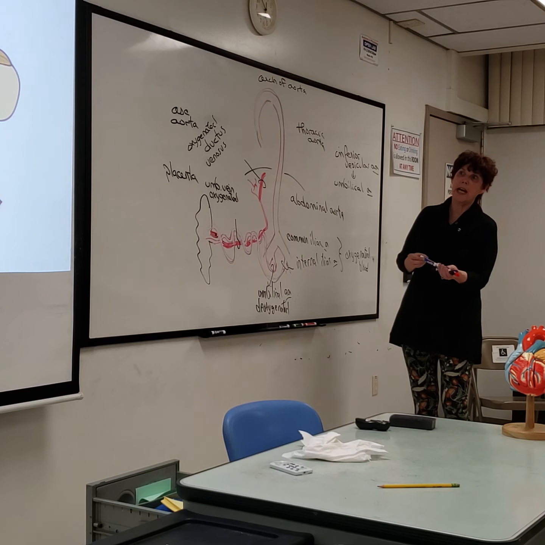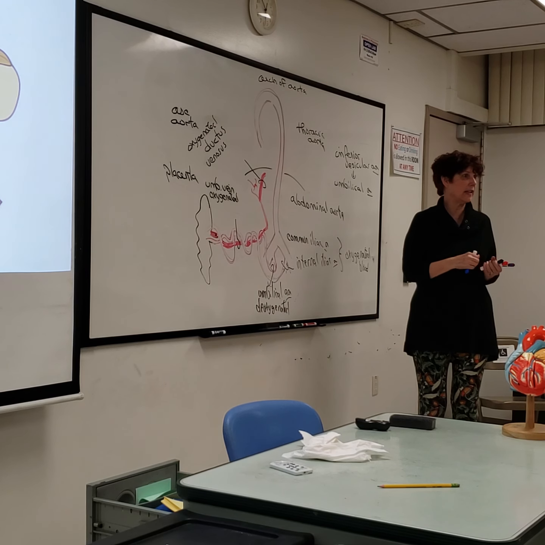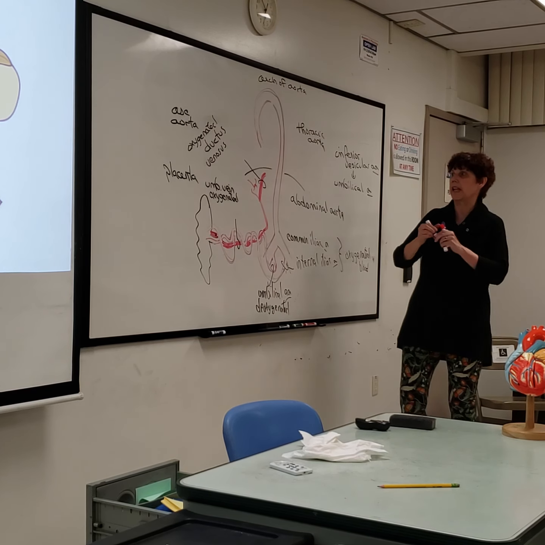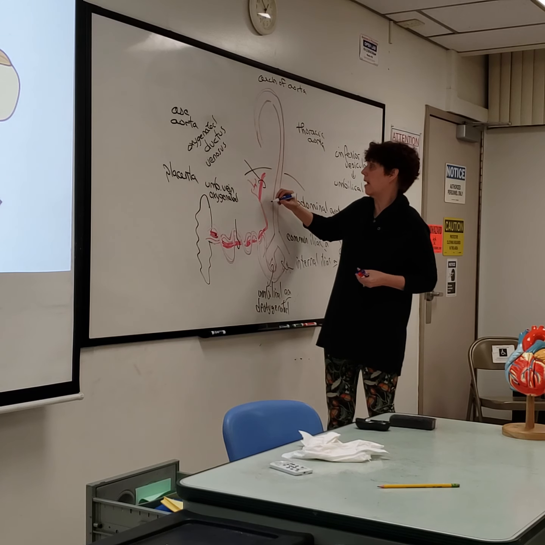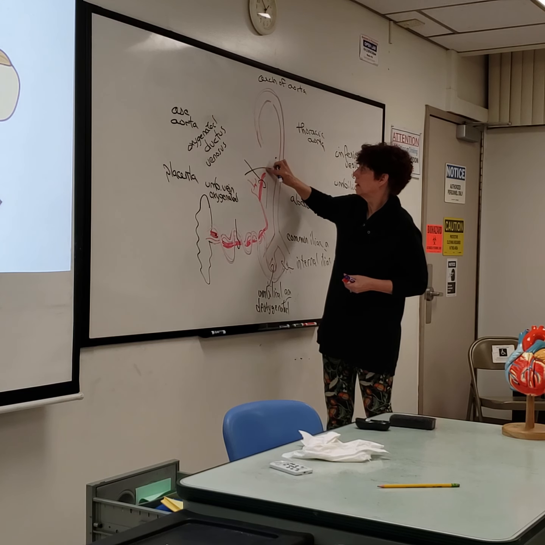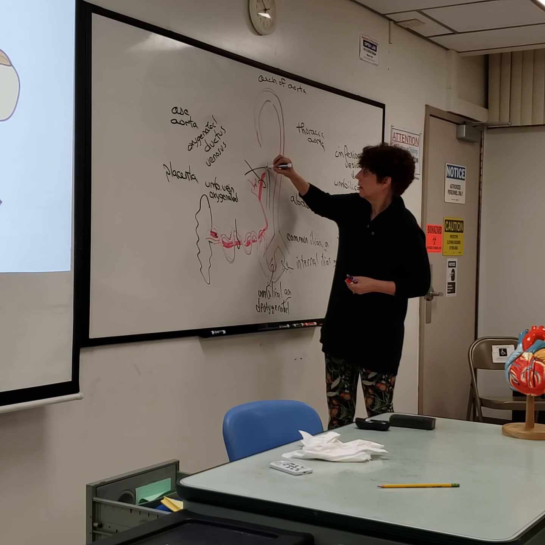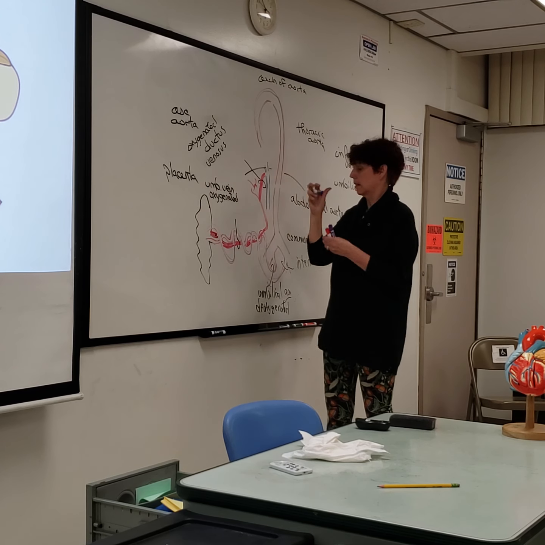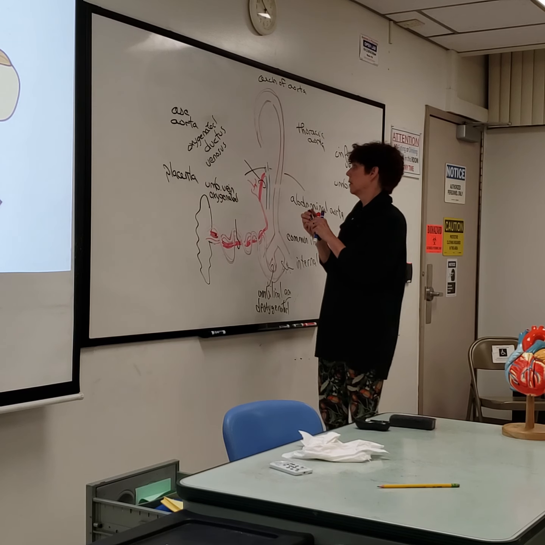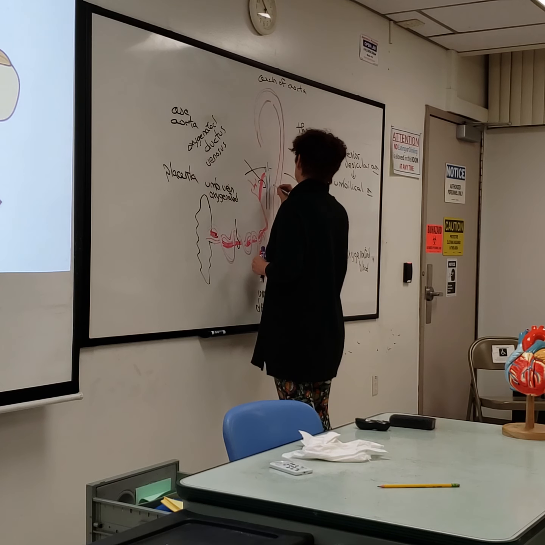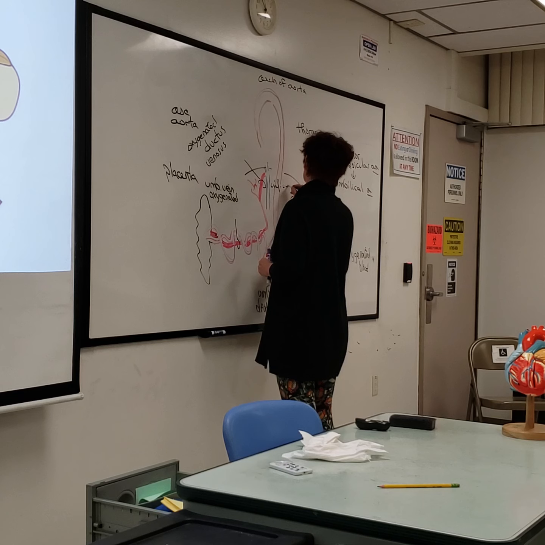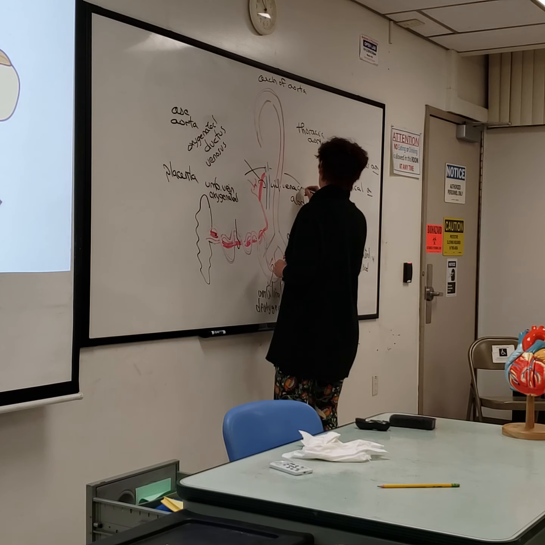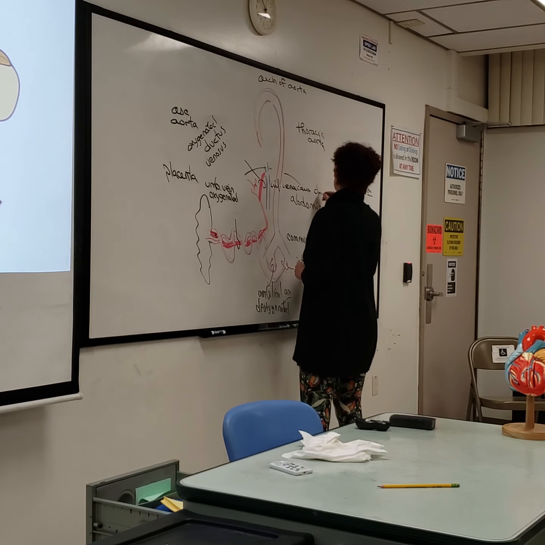So now we're going to pick up deoxygenated blood in the inferior vena cava. I'm not going to draw the common iliacs coming together. We'll just look at the vena cava here. So inferior vena cava deoxygenated.